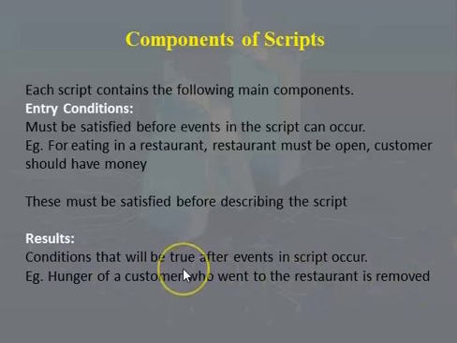When a customer enters a restaurant hungry, then when he or she gets out from the restaurant, the hunger should be removed. That is the result of the event. There should be some positive result in the event.